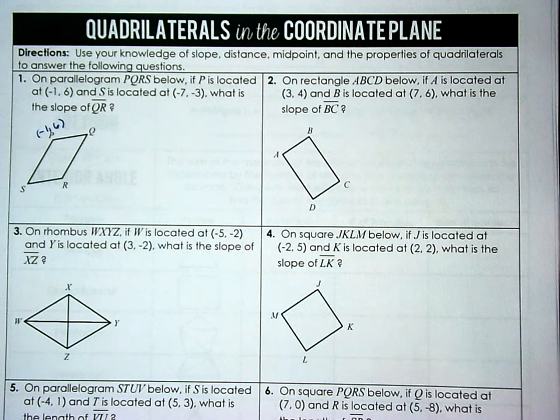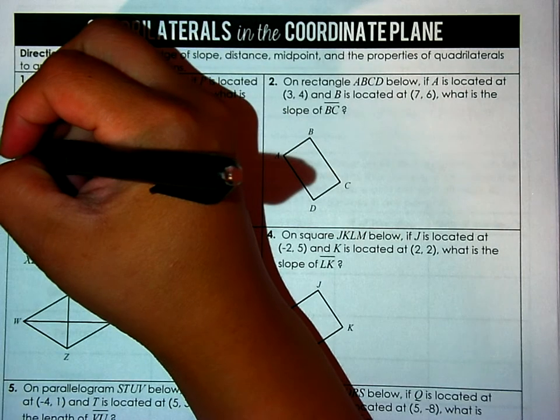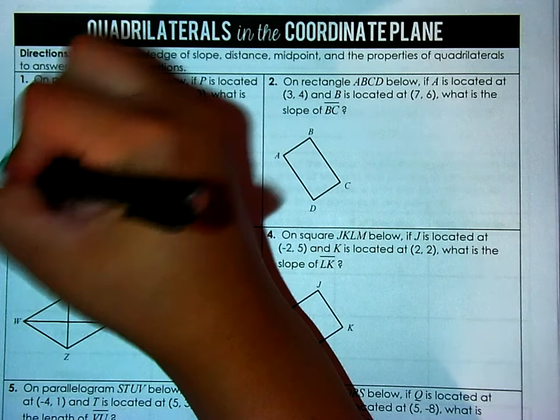I'm writing in what they gave me. S is located at (-7, -3). So S is over here, and it's (-7, -3).